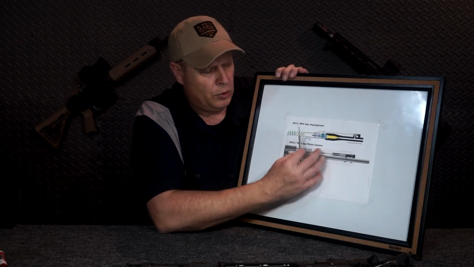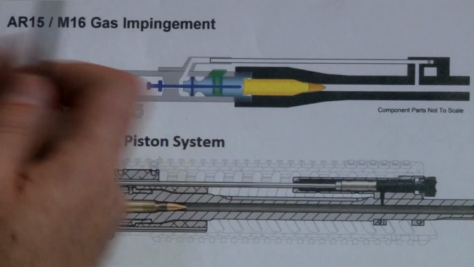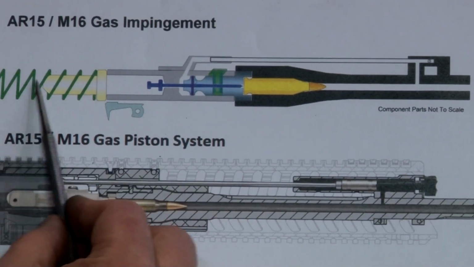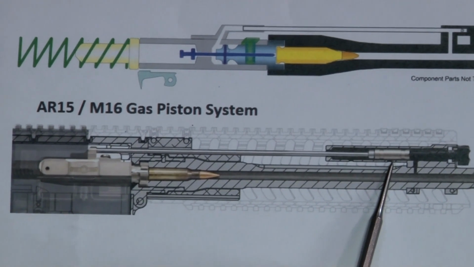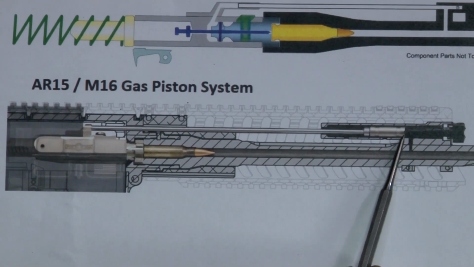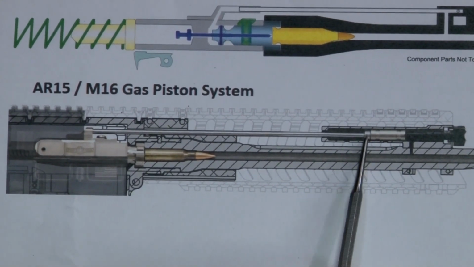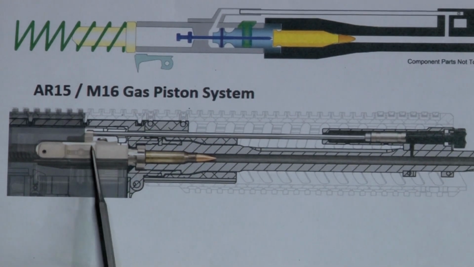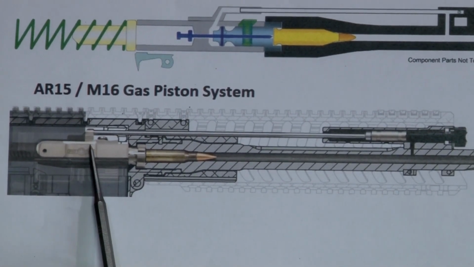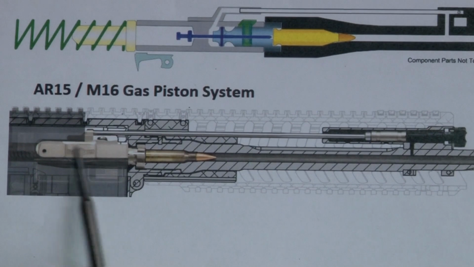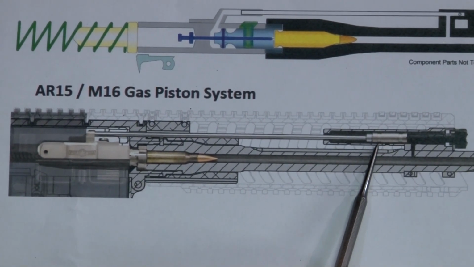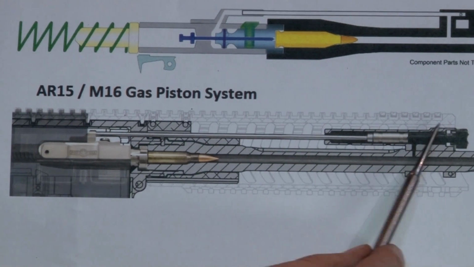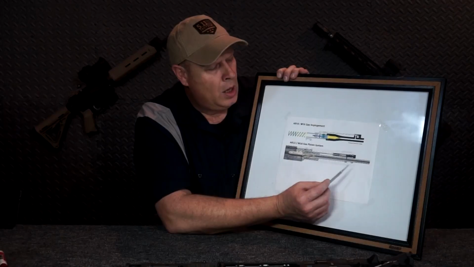The gas pressure drops to basically zero, and the inertia is what keeps it going to the rear. In this gas piston system, once this piston goes back to a certain point, it's already smacked the bolt carrier. Inertia, momentum is carrying it rearward, and the gas will escape in a port very close by this gas block.